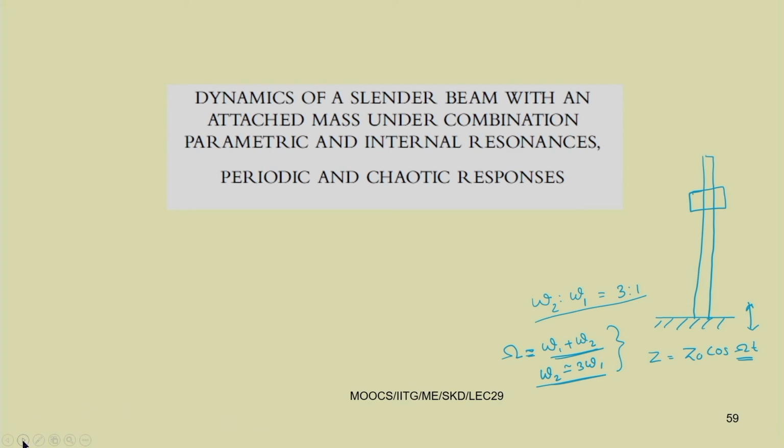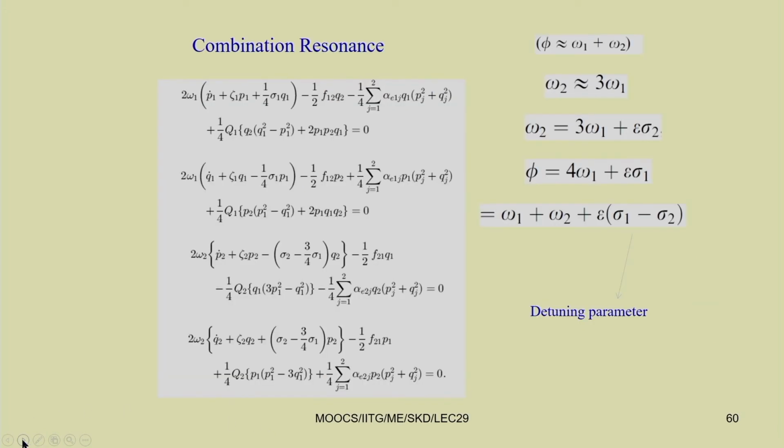By substituting this in the governing equation and proceeding as we have already seen in the method of multiple scales, we can get a set of first order differential equations. Here also we have used the transformation P equal to A cos gamma and Q equal to A sin gamma, or P1 equal to A1 cos gamma 1 and Q1 equal to A1 sin gamma 1, and similarly P2 equal to A2 cos gamma 2 and Q2 equal to A2 sin gamma 2, taking omega 2 equal to 3 omega 1 plus epsilon sigma 2, and phi, that is the external frequency, equal to omega 1 plus omega 2.